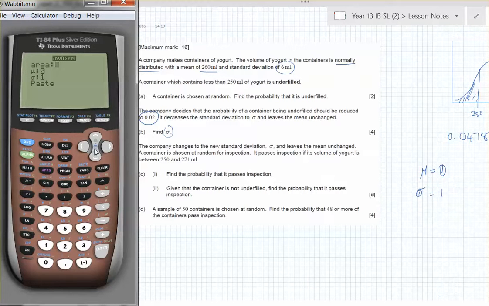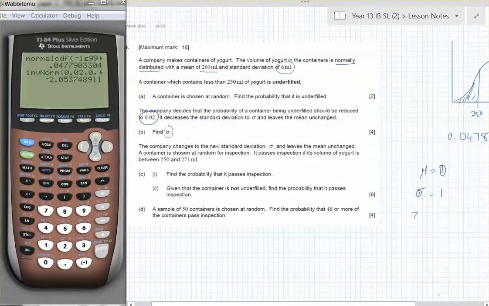Inverse normal, area this time is 0.02, mean of 0, after that, so we get a z value of minus 2.05375 actually.